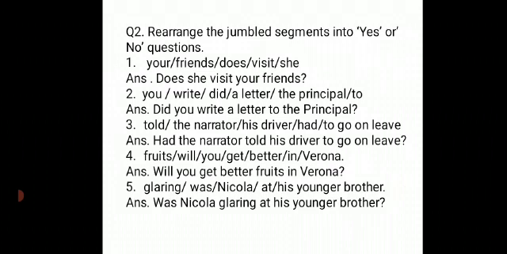Now the first one is friends, does, visit, she. Now auxiliary verb does is there. So you will start with the auxiliary verb. That's why the sentence is: does she visit your friends?